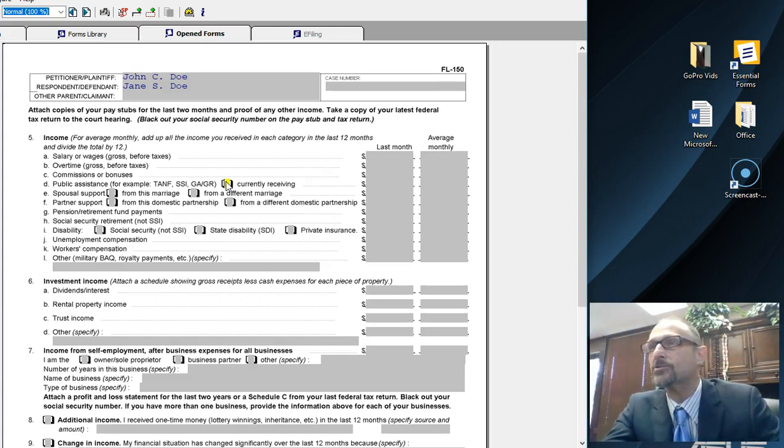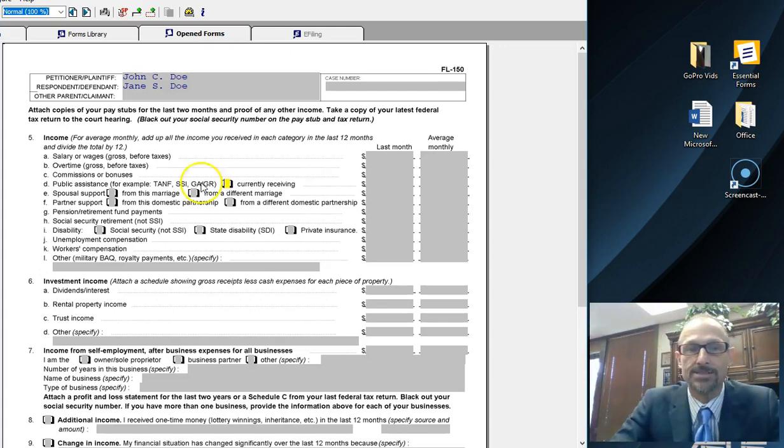So if you're receiving spousal support or domestic partnership support, you're going to mark these boxes here on E and F. If it's from this marriage, you're going to mark the from this marriage or from this partnership box. And if it's from a prior relationship, you're going to want to mark from a different marriage or from a different domestic partnership.